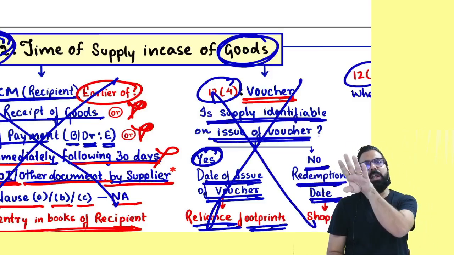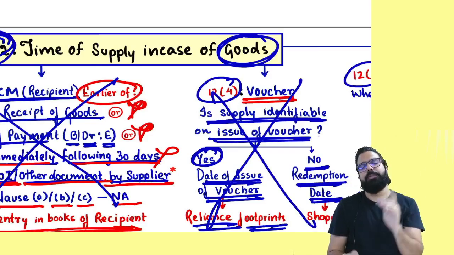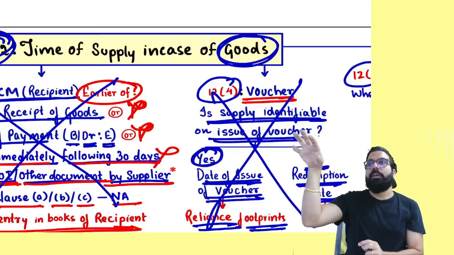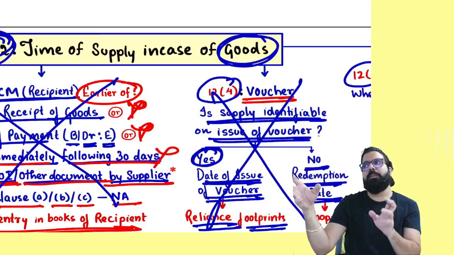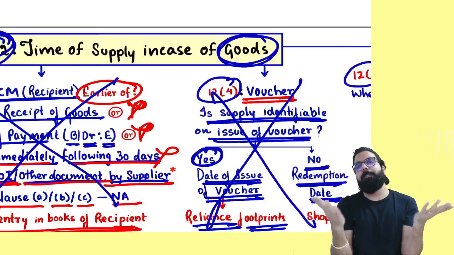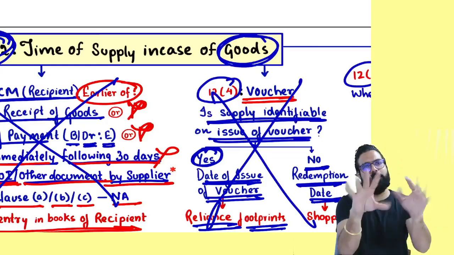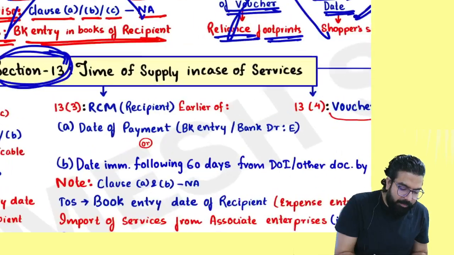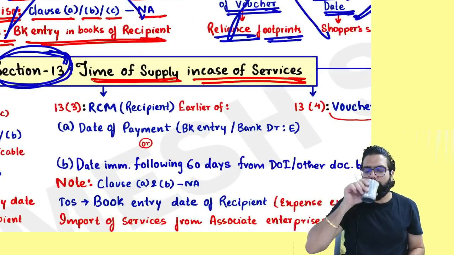Voucher: supply identifiable, date of issue; supply not identifiable, redemption. Residuary case: registered person, due date of return; unregistered person, date of payment. Interest, penalty and late fee: date of receipt. Received, then pay; did not receive, then don't pay. Can I go ahead, everyone? Next. Time of supply in case of services.